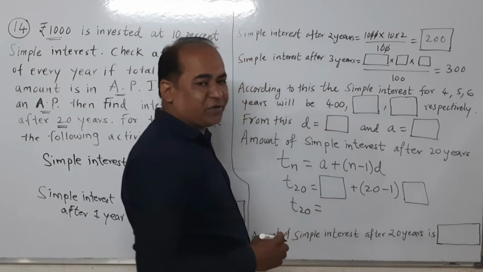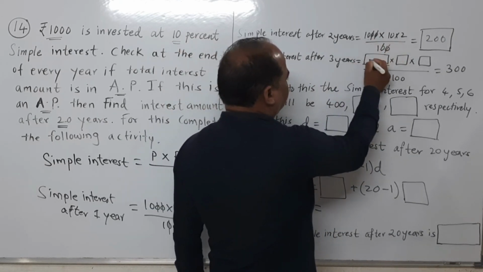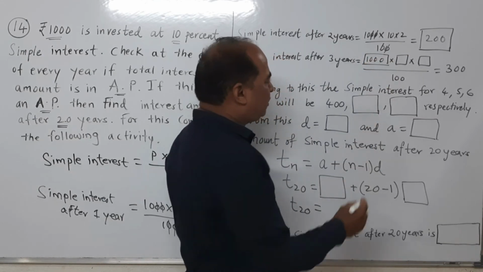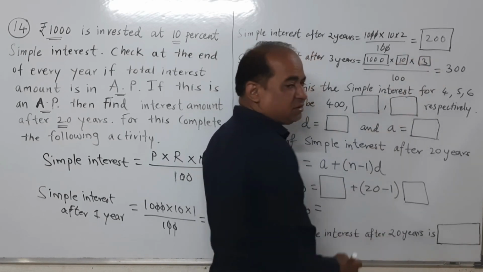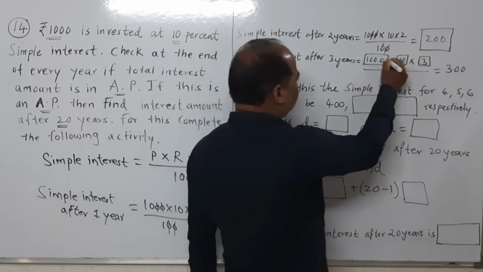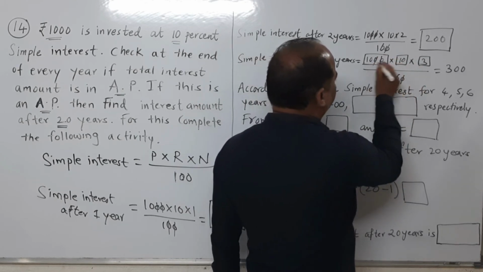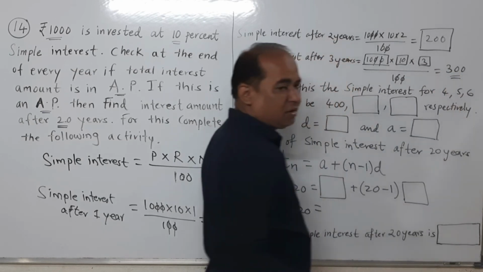Then simple interest after 3 years will be, here 1000 is the principal amount, then rate of interest 10, and after 3 years, here 2 zeros from numerator and 2 zeros from denominator will get reduced. 10 into 10 into 3 is equal to 300.